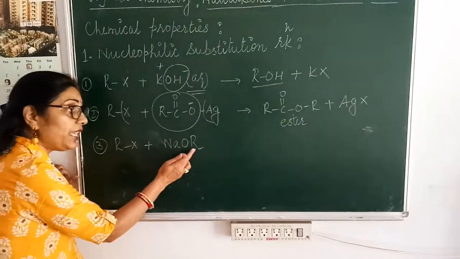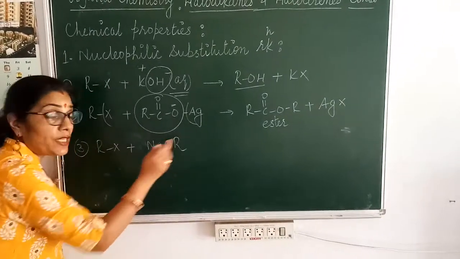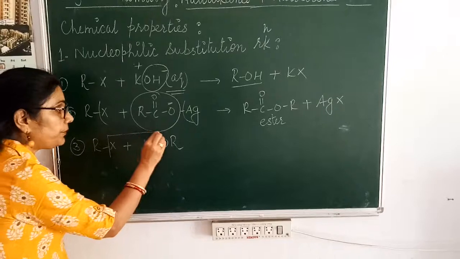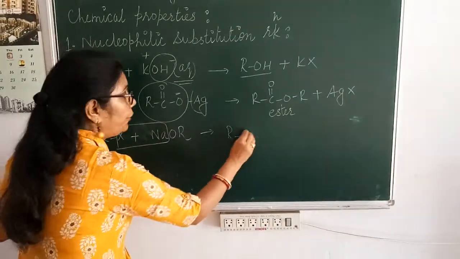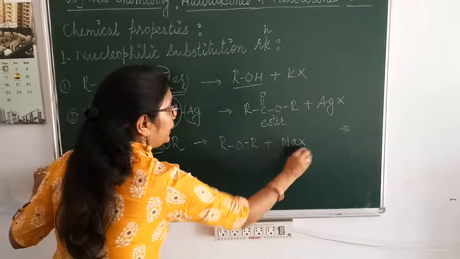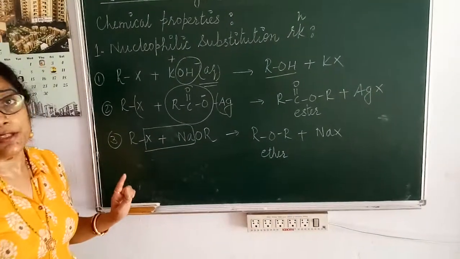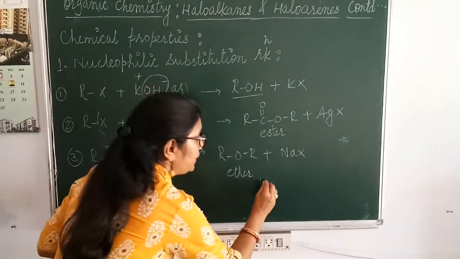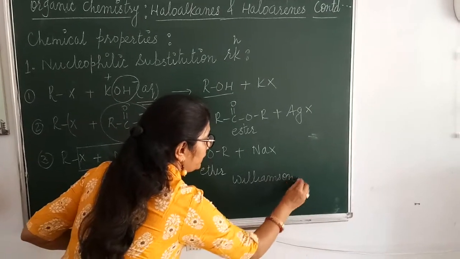Here if you use CH3, sodium methoxide, sodium ethoxide, sodium propoxide and so on. NaX is eliminated and what do we get here? Ether. This reaction is very important, my dear students, and this reaction is named Williamson synthesis.